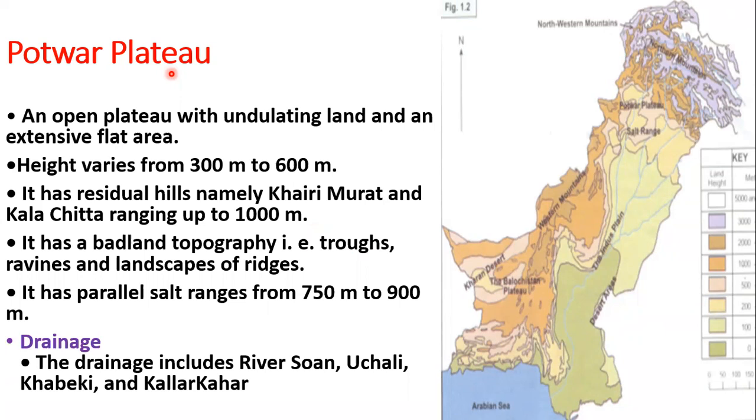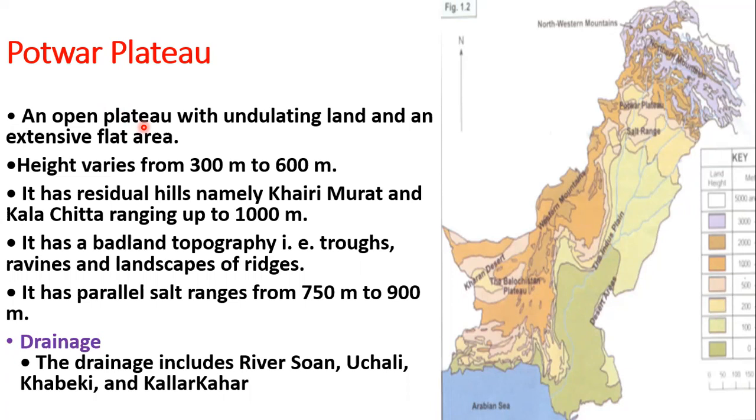The land is undulating or uneven. Somewhere you find little mountains, and down from the mountains are sand and hard surface. Clear? These are called plateaus.